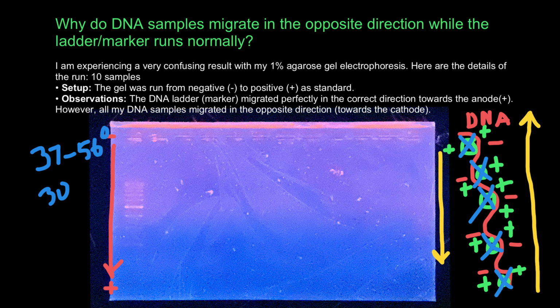This should be done prior to loading, and if basic proteins are causing the charge reversal, digesting them will free the DNA and restore its normal negative charge and forward migration.